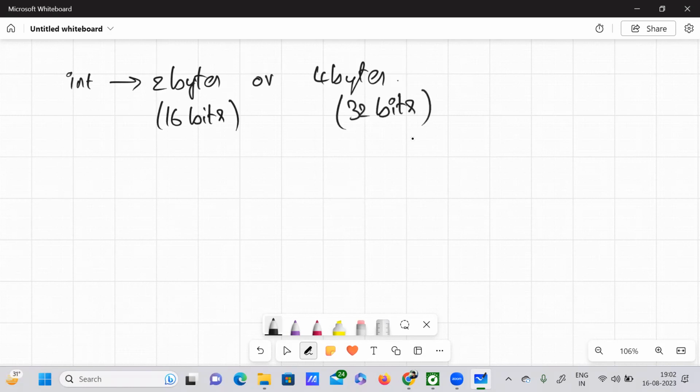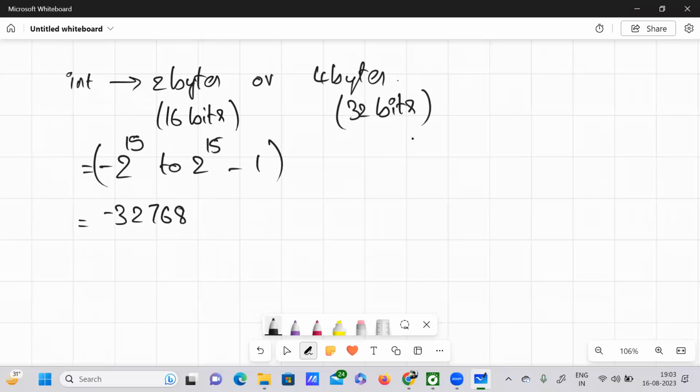If the integer takes 16 bits, then the total value would range from minus 2 to the power of 15 to plus 2 to the power of 15 minus 1. When you compute, you would get minus 32768 to plus 32767. So your usual value for this integer would lie in this range.